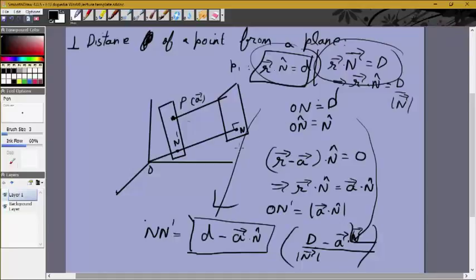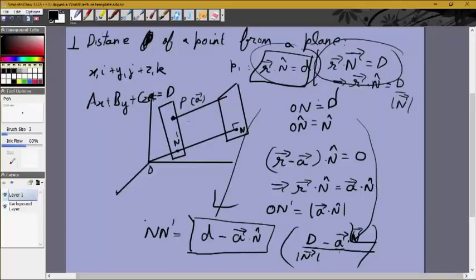And now for a second, let's just see how it will look in the Cartesian form. Let's say the point is given to us to be x1 i cap plus y1 j cap plus z1 k cap, and the equation is given to us to be ax plus by plus cz is equal to D. Now this is not a unit vector, so we'll have to use the second equation.